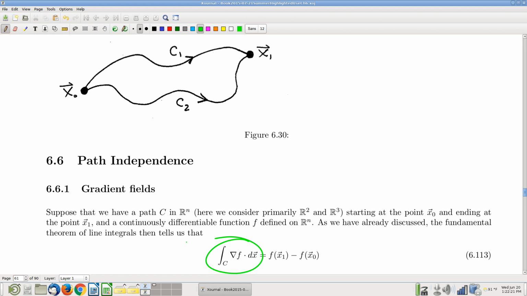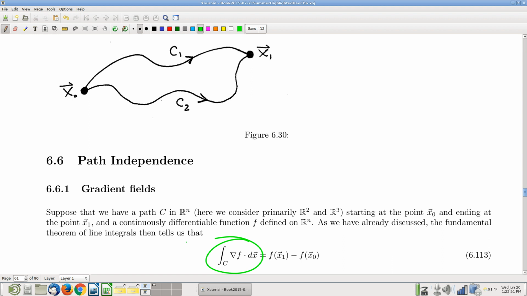If f is altitude, C1 and C2 are a couple of roads along which you might conceivably drive from your house to your friend's house. Well, if f is altitude, then the line integral is keeping track of how much your altitude is changing along each step along the path and adding that up over the entire path.